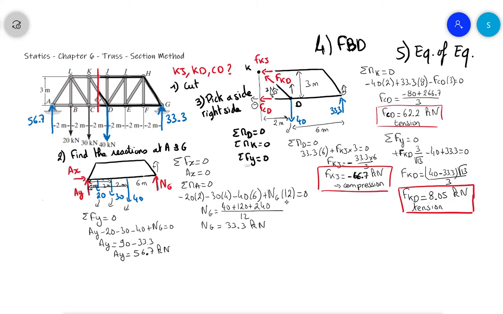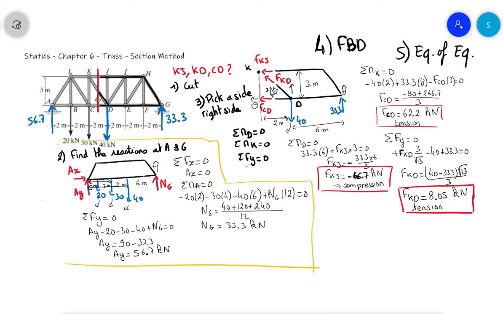So that's what we did inside this little part of the page. After we found AY and NG and AX at 0, after that we decide which side we keep for the analysis of the force inside each member.